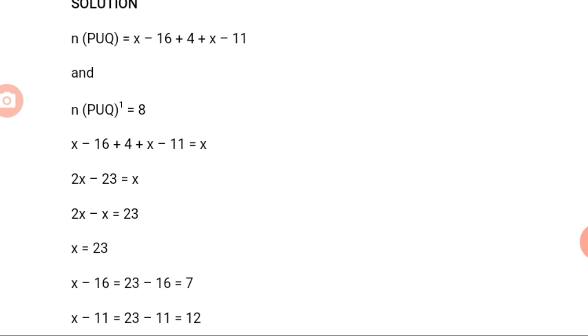Is that clear? So we now have 2x on the left hand side minus 23 equals x. Therefore, x will be equal to 23. Are we together?